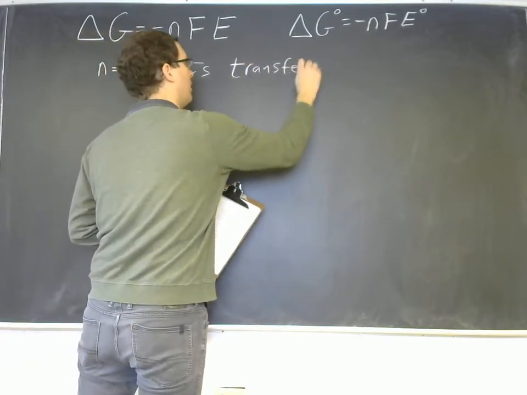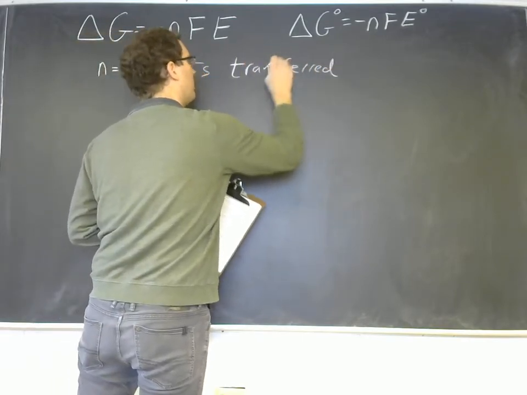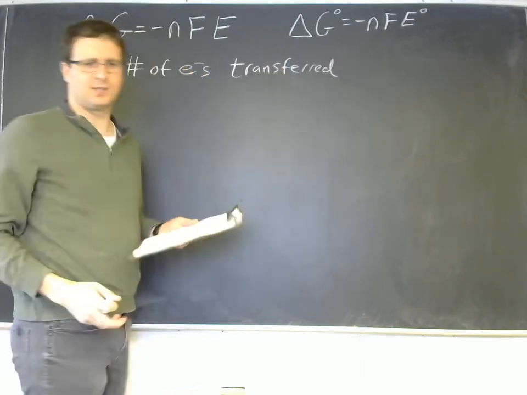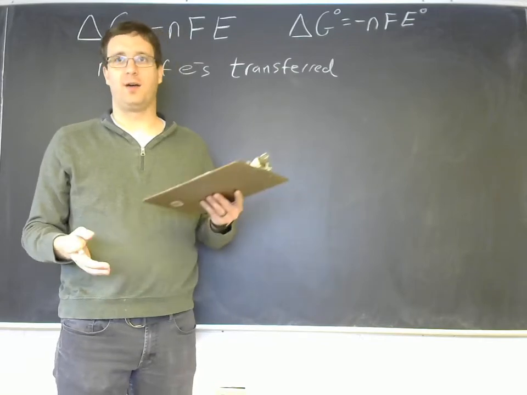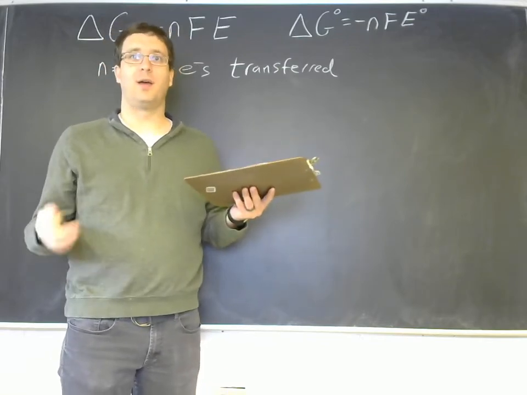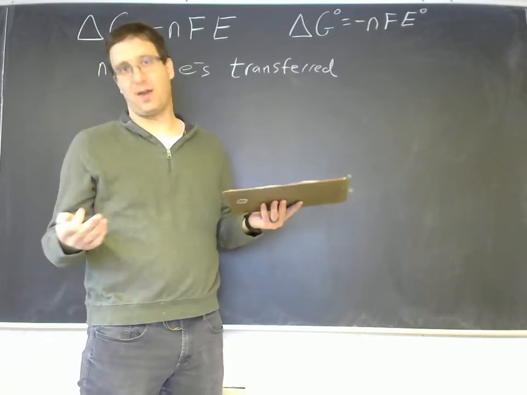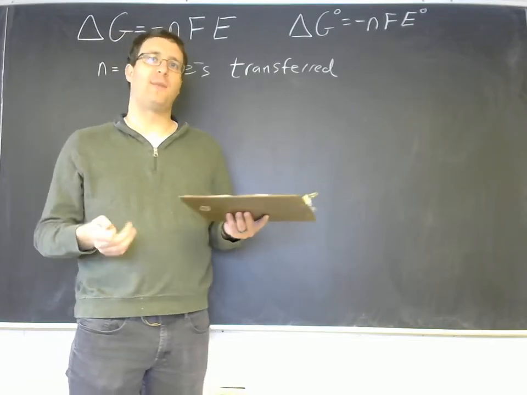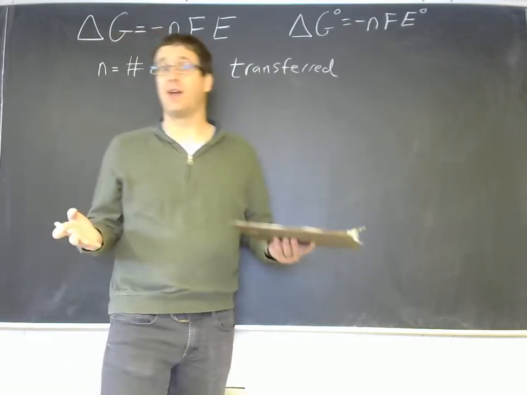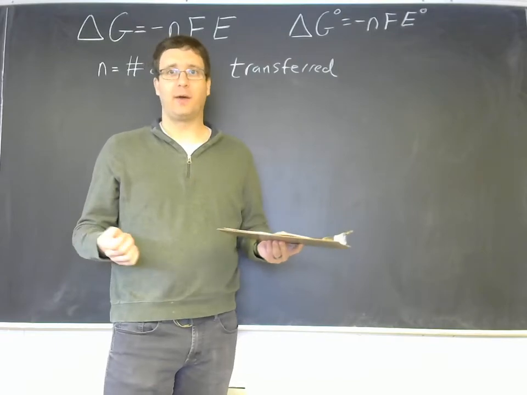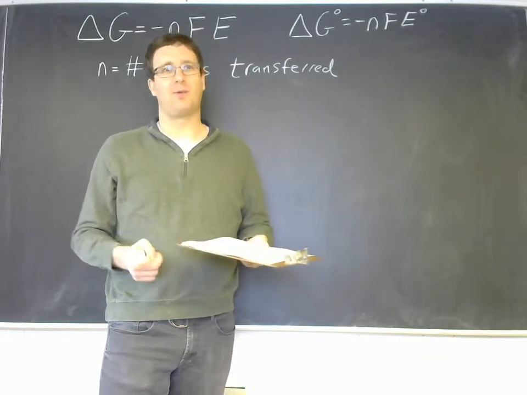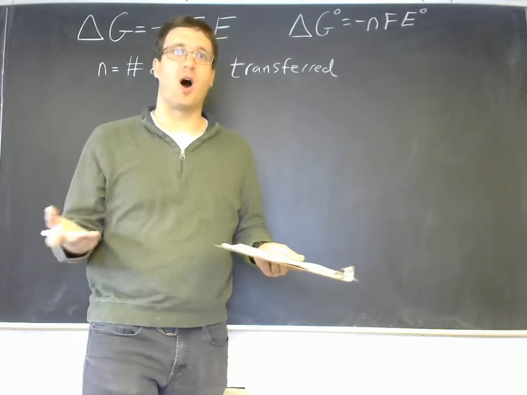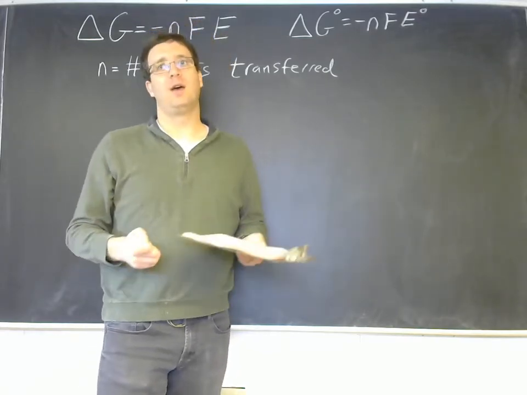transferred. Okay, so this is one equation where you will want to balance the reaction in the cathode and the half reaction in the anode, and figure out exactly how many electrons are being transferred. Now I want to point out you don't have to get a complete balanced chemical reaction with all of the H pluses and waters or OH minuses, whether you're in acidic or basic conditions.